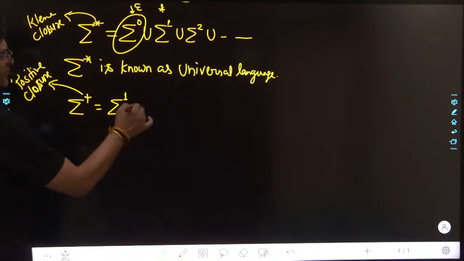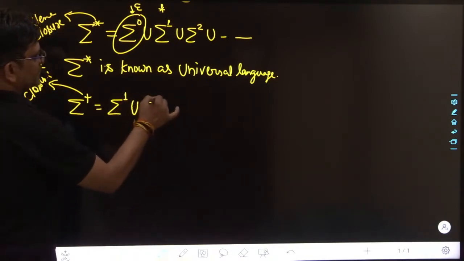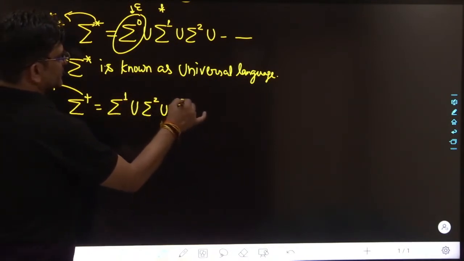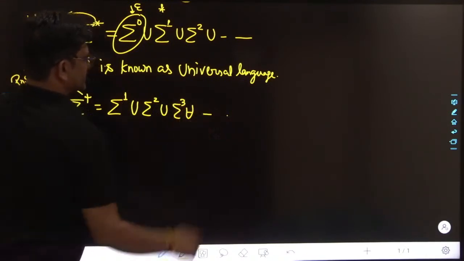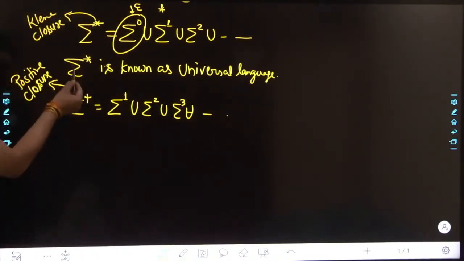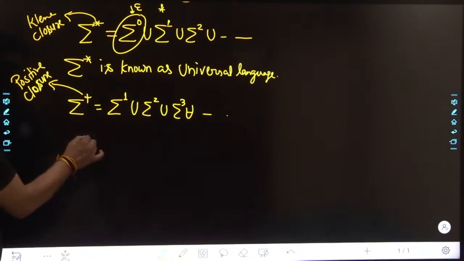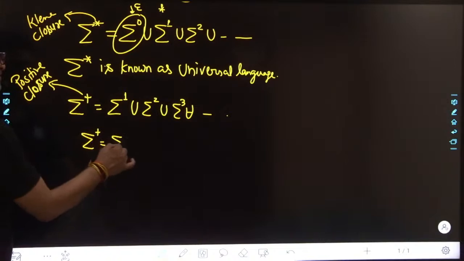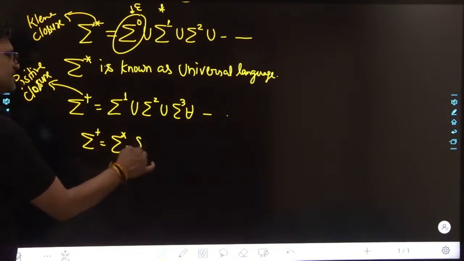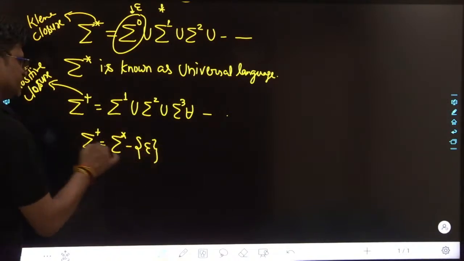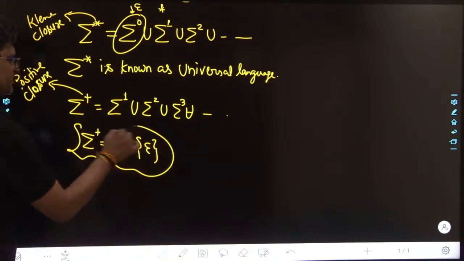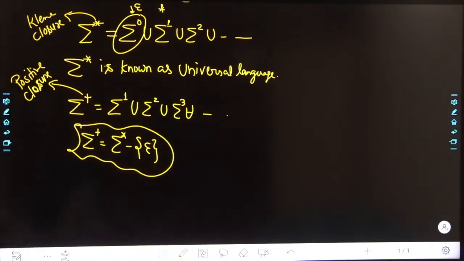So sigma to the power 1 union sigma to the power 2 union sigma to the power 3 union and so on. What is the relationship between these? Sigma plus equals sigma star minus the null string. This is the relationship between positive closure and Kleene closure.